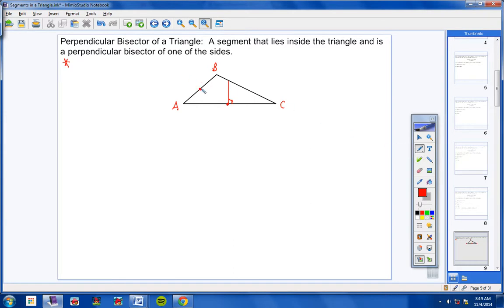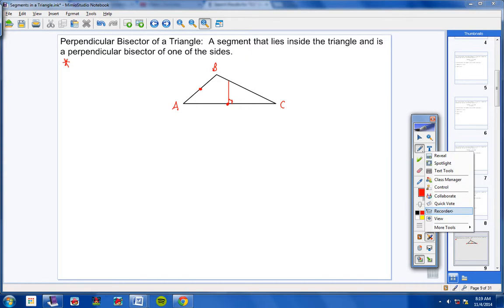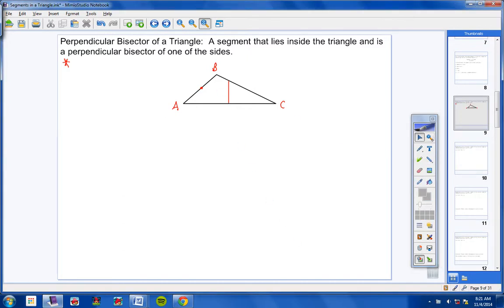Then we draw a line that is perpendicular to this side. Here's the midpoint, and I'm going to draw a perpendicular line. And there's another perpendicular bisector.